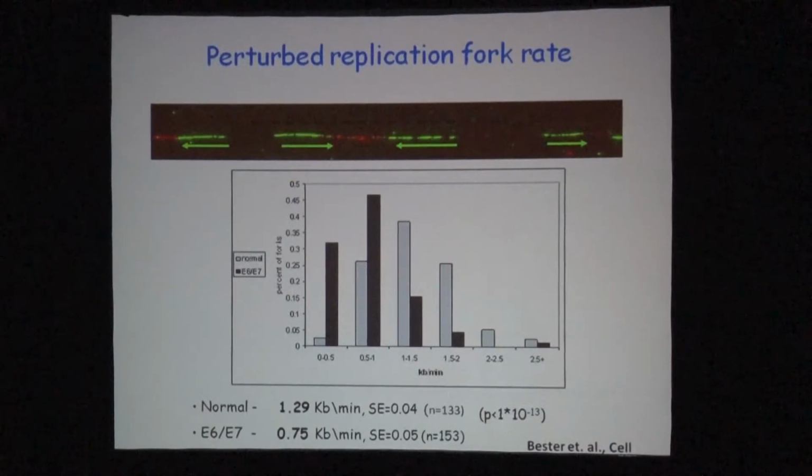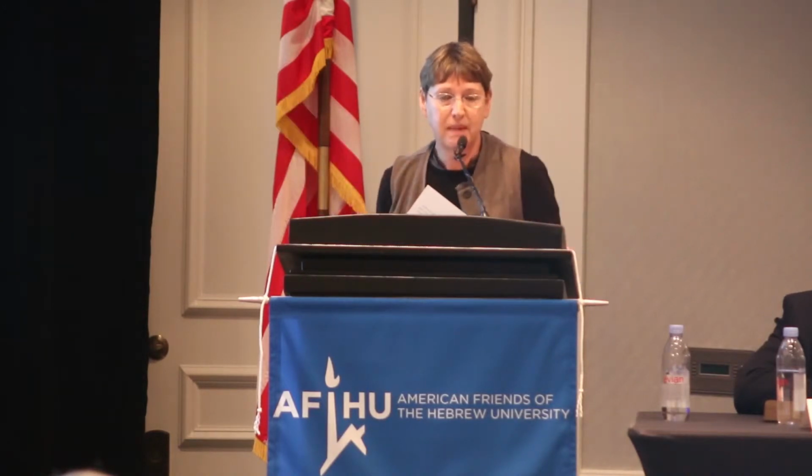And when we express the viral genes and cells are proliferating, what we have found is that the rate is reduced. It is slower, it's abnormally slower, which is the counterintuitive part of it. So you can see that we have very, very slow DNA paths in 35% of the strands that we measured. And it's very rare under normal conditions, 2%.